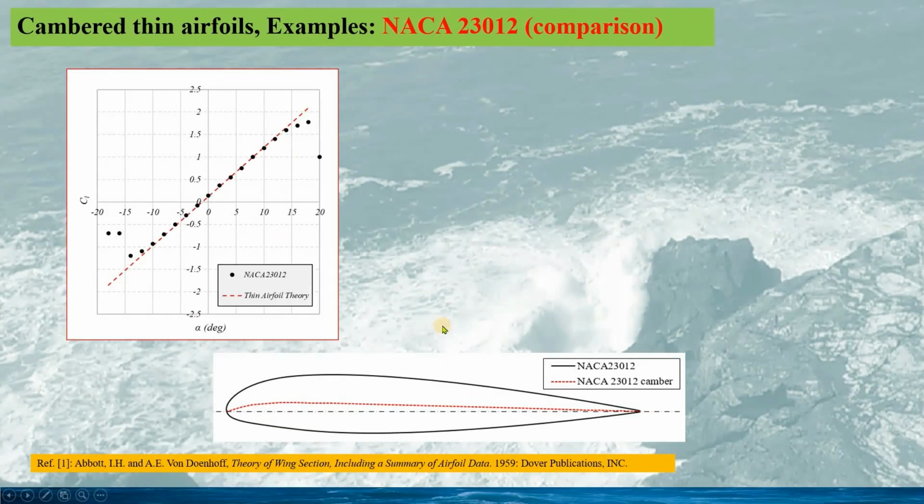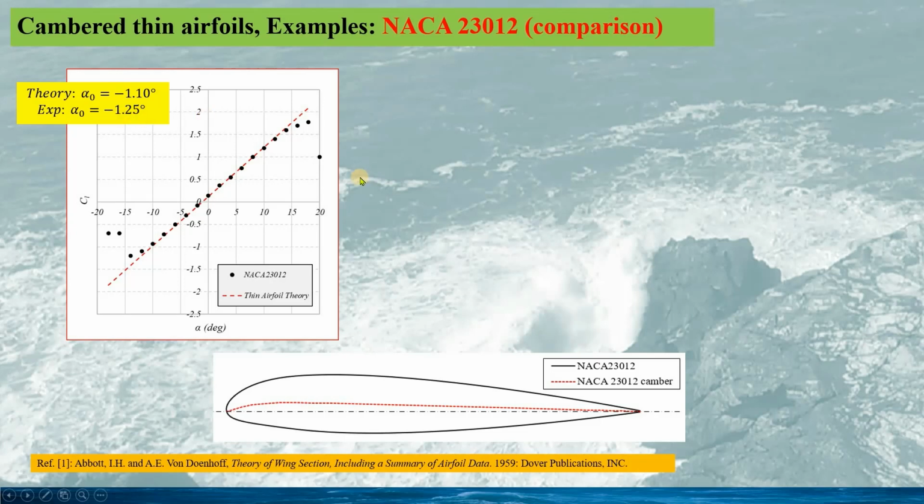Here, the comparison is made for the NACA 23012. This is the comparison for the lift coefficient from the thin airfoil theory and the experiment data. We can see again the lift coefficient prediction is very close to the experiment data when the angle of attack is small, and the zero lift angle of attack is predicted at minus 1.1 degrees, and the experiment gives minus 1.25 degrees.